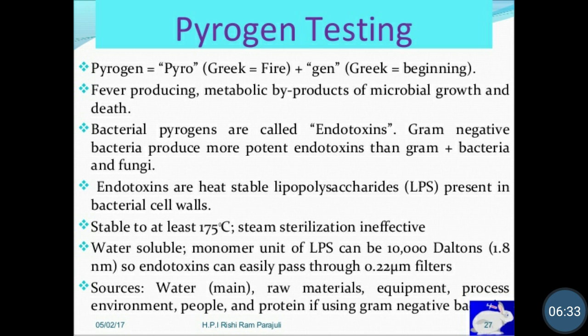Again, they are water soluble and the monomer unit of lipopolysaccharide can be 10,000 Daltons, about 1.8 nanometer. So endotoxins can easily pass through a 0.22 micrometer filter. Filtration sterilization is also ineffective to remove pyrogens.